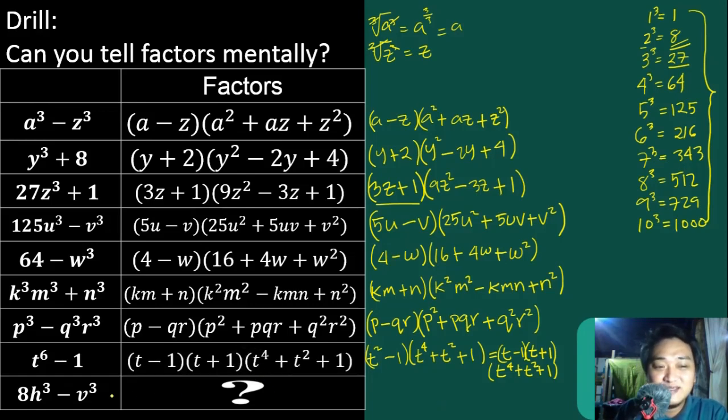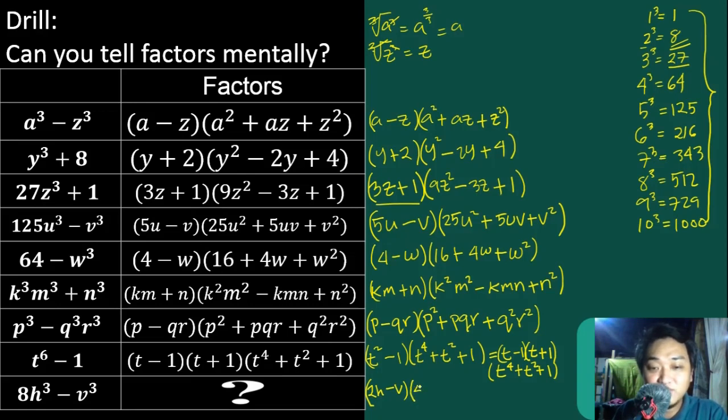The last, 8h cubed minus v cubed. So that would be, remember that the cube root of 8 is 2. So that would be 2h minus v, and then we are going to square the binomial.